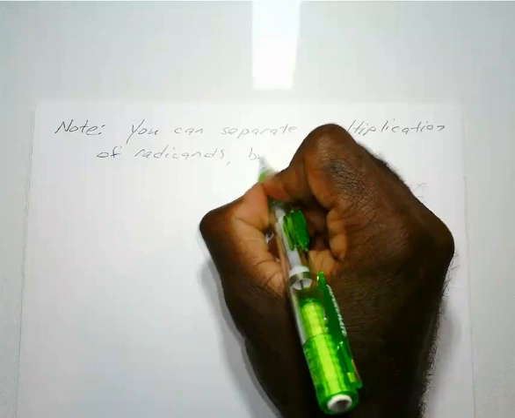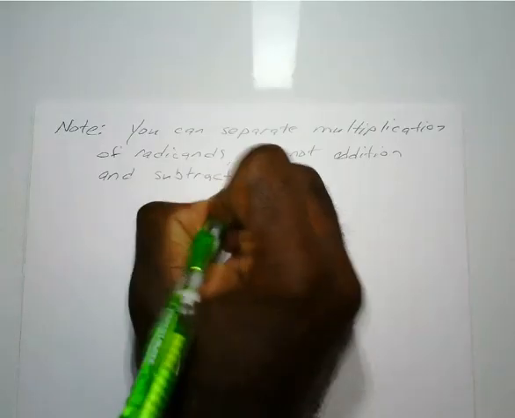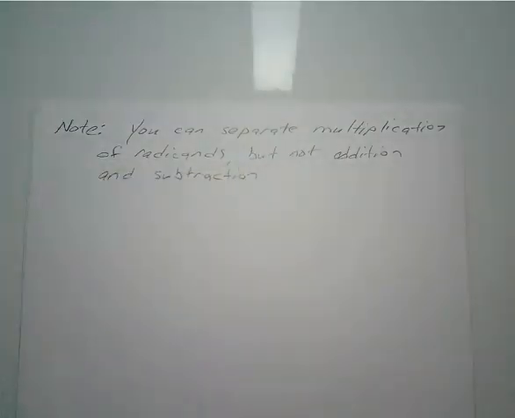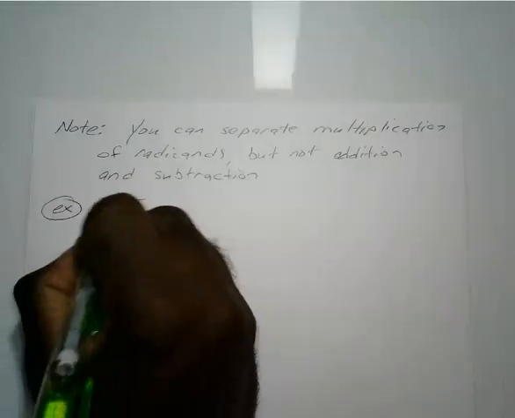Let's say you have the square root of x plus 4. That is not the same as the square root of x plus the square root of 4. You can't separate addition or subtraction.